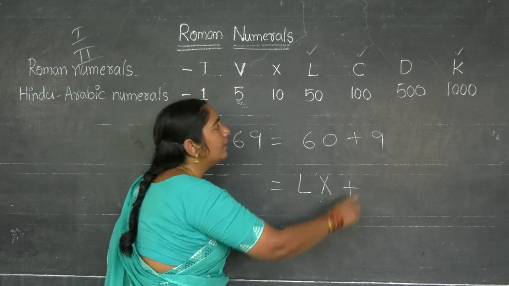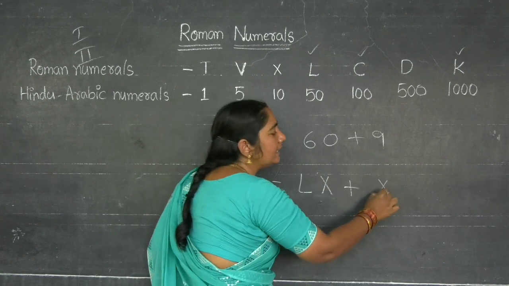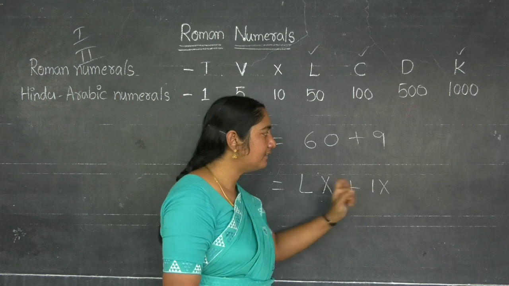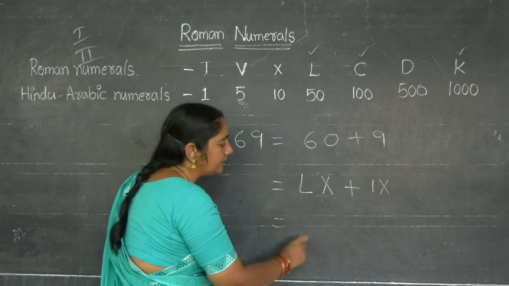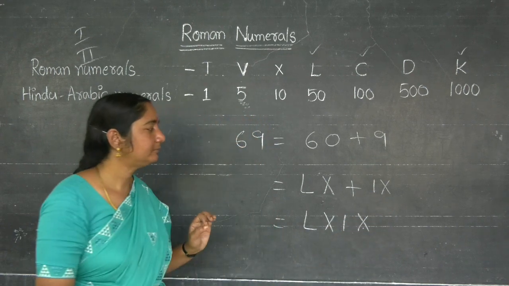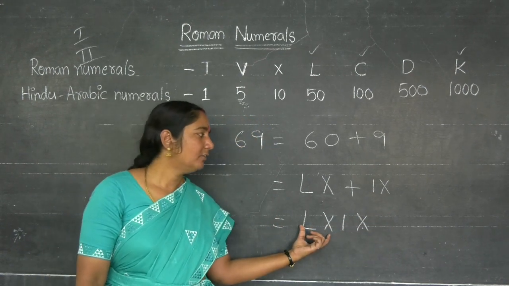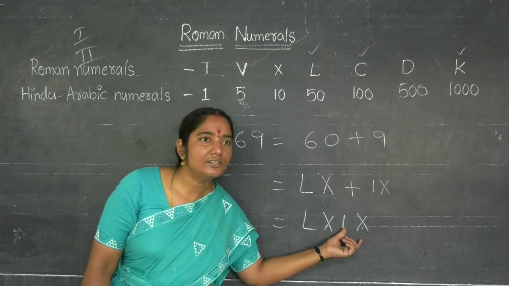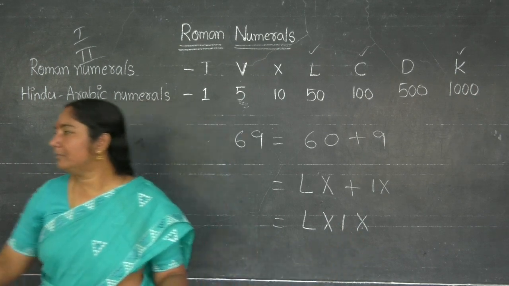This is the Roman number. Now 9 I can write as 10 minus 1. So, next, this is the Roman number. By saying this number, we can say it is 69. Got it? Madam?